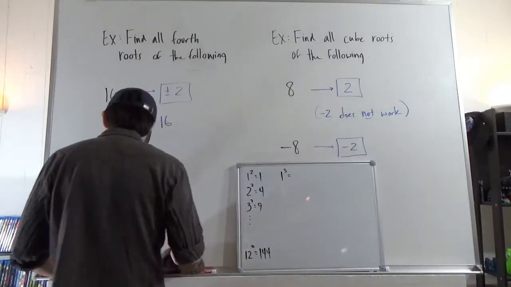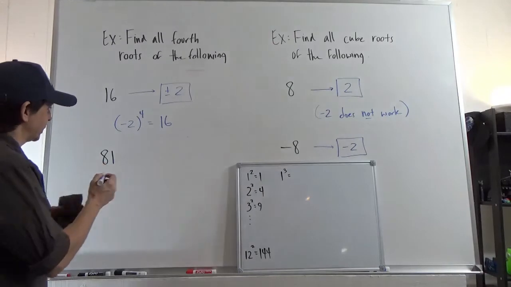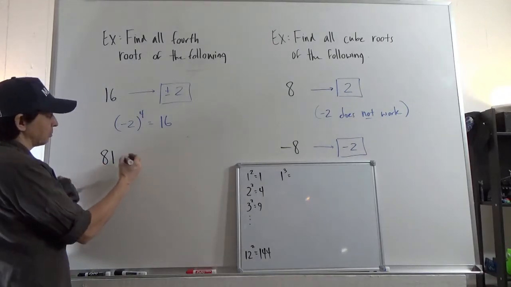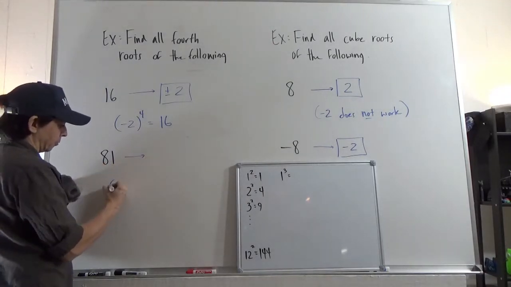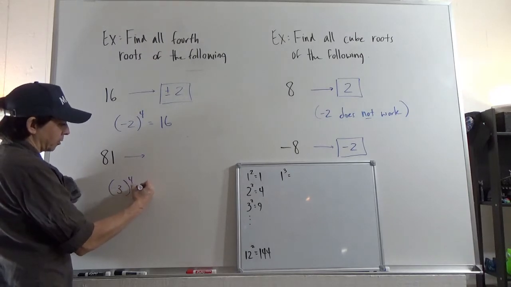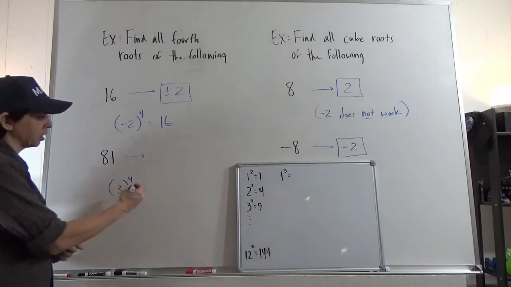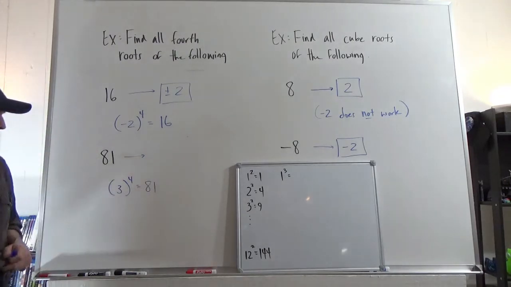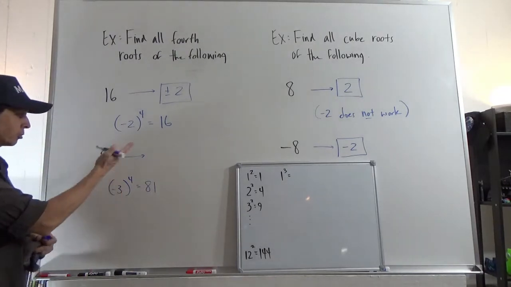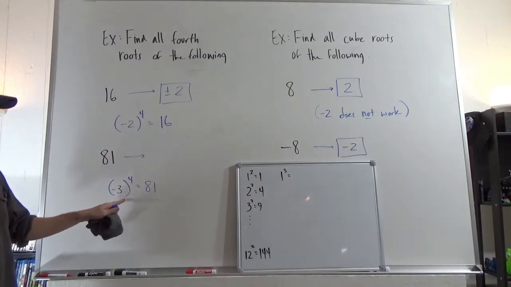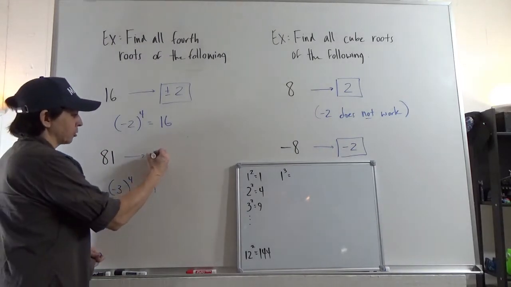And if you didn't know that, it's something that you might need to be familiar with. So I'm going to talk about different powers that we need to be familiar with. But anyway, 3 to the 4th, that's 3 times 3, which is 9, times 3, which is 27, times 3, which is 81. That does give you 81. What about negative 3? Yeah, for the same reason. Negative 3, 4 of them will cancel out, give me a positive 81. Yeah, plus or minus 3.